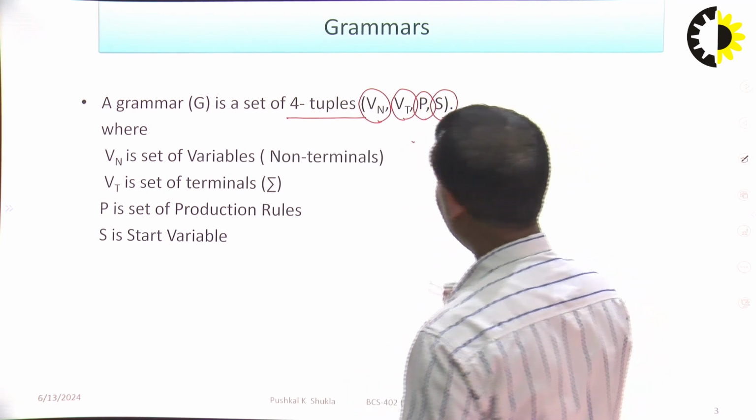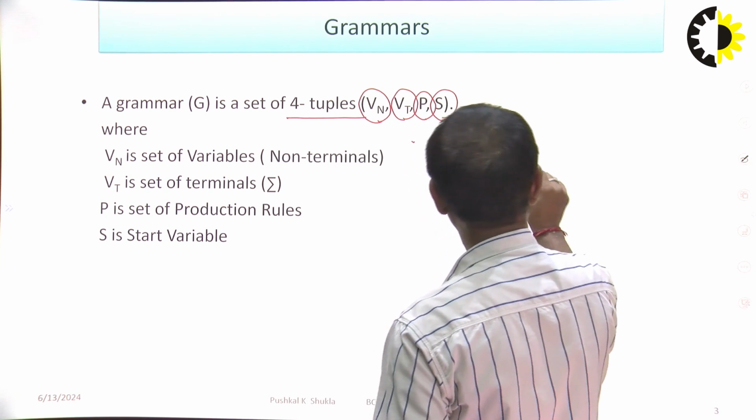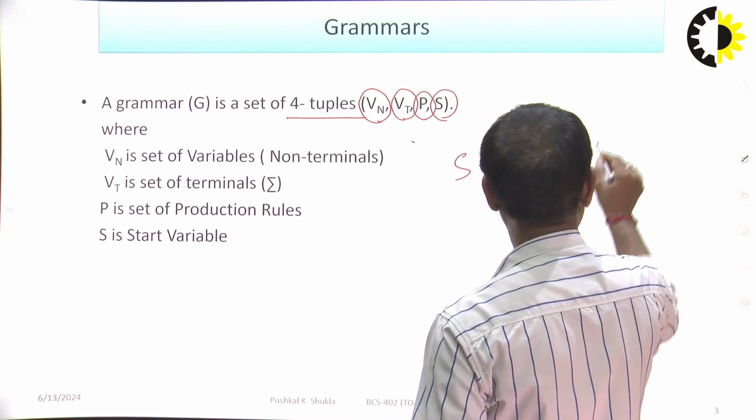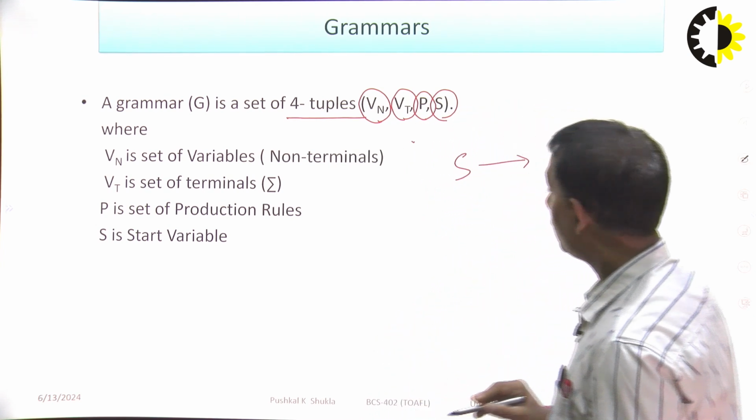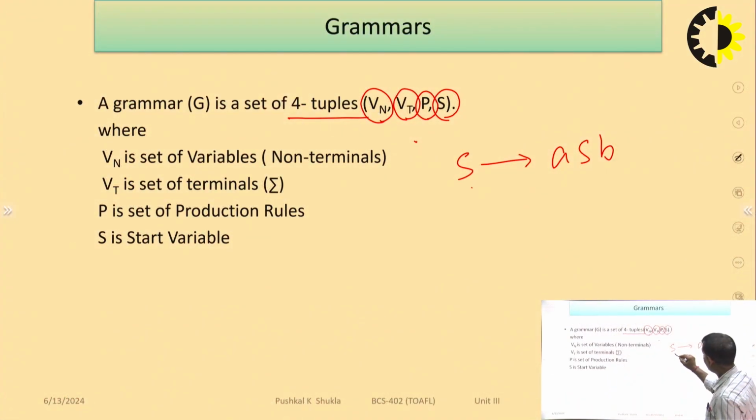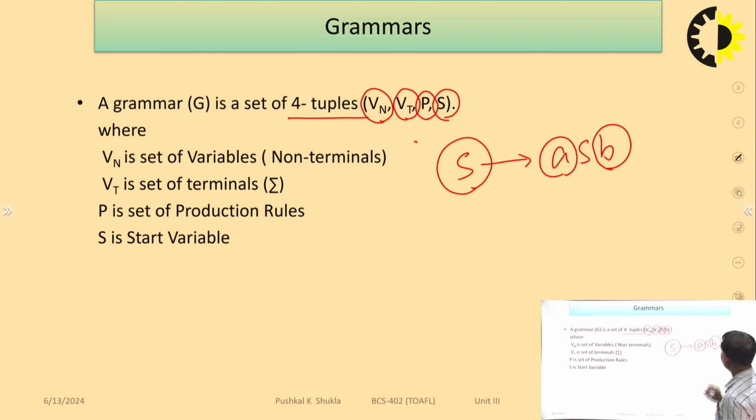For example, S equals ASB. This is a grammar. Here S is a non-terminal. Small a is a terminal, small b is also a terminal, and this is a non-terminal. And this is a production rule, and S is the start symbol.